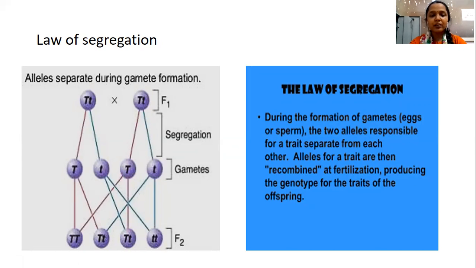There is no combined or recombined fertilization process. Even when they come together, the dominant character expresses and the recessive character is suppressed. But during the formation of the gamete, both the genes segregate independently, and there will be the formation of four different offspring in the F2 generation. So that's what the law of segregation explains.